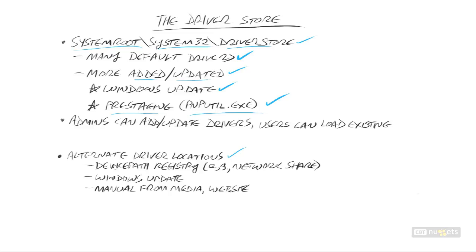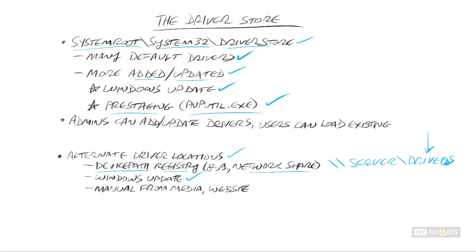One thing you could do instead is use the registry key called DevicePath in the registry, and then I would normally point this to a network share, so it might be a server, and then a share for my drivers. In the drivers folder there, I would only put drivers that I was pretty sure I would use on a lot of my computers. Maybe a lot of my users use the same scanner or use the same kinds of devices. Well, I would just pre-populate that with a lot of the common drivers that I would need.